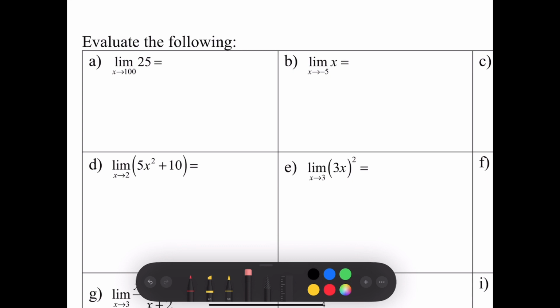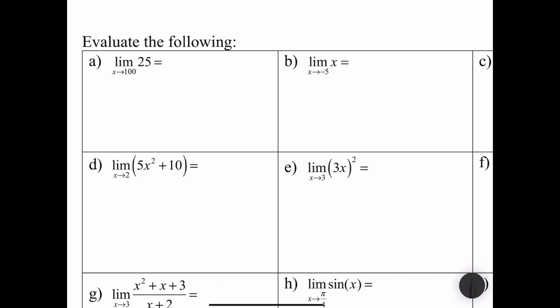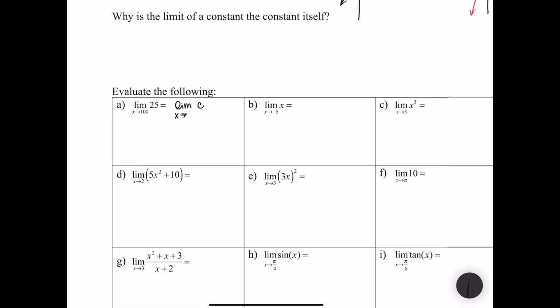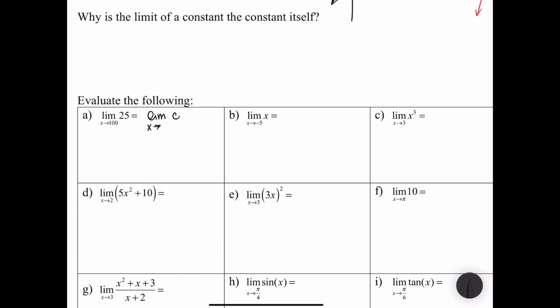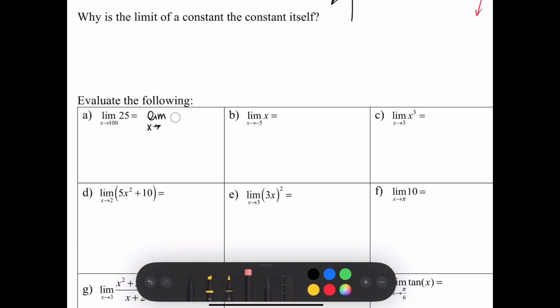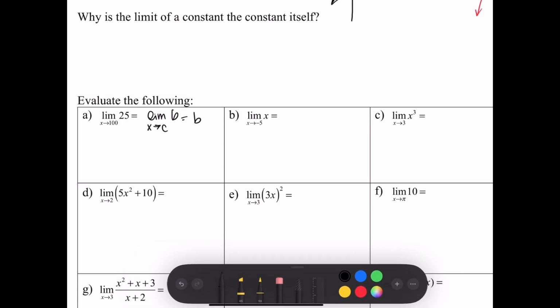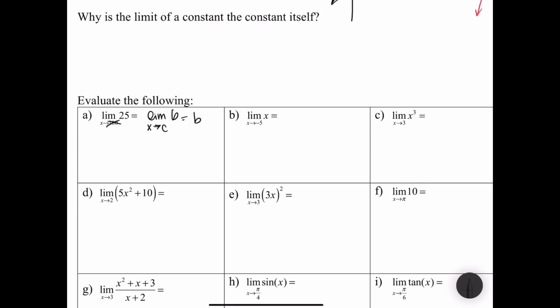So again, this is my first property that tells me that whenever I have the limit of a constant as x approaches any number, and I think the notation here was b, so I'm going to keep the same notation, regardless of what c value I approach, my answer is going to be b. So even though this is telling me x is approaching 100, because I'm observing the limit of the constant 25, my limit is just 25.